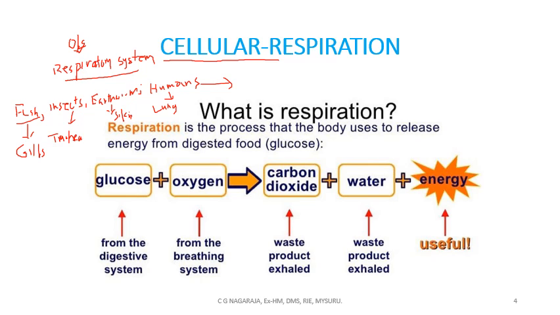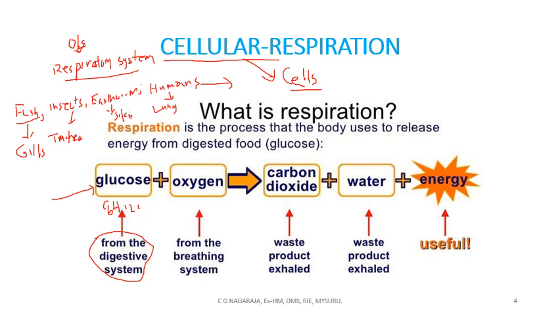Once the oxygen enters into the system, oxygen goes to individual cells. In the cells, there will already be glucose. Glucose has come into the cells by means of the digestive system. You have studied in nutrition, food is converted into glucose molecule. That's a 6-carbon molecule, C6H12O6.